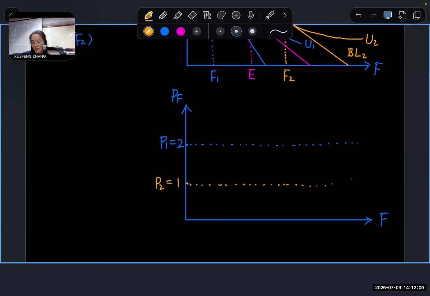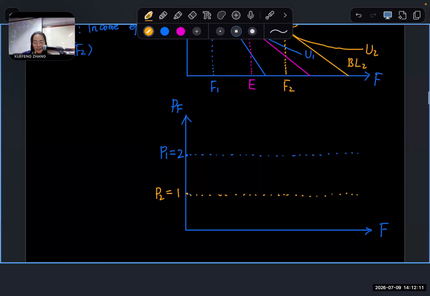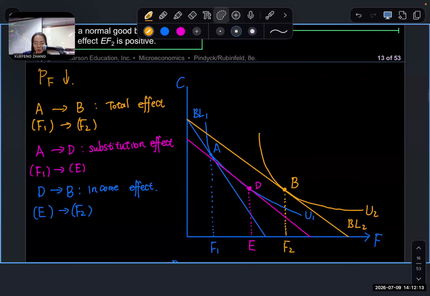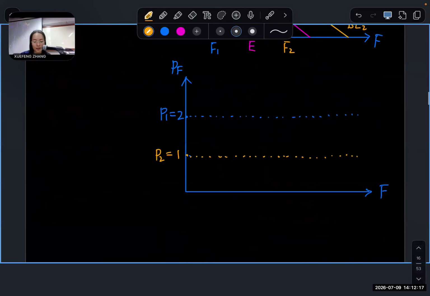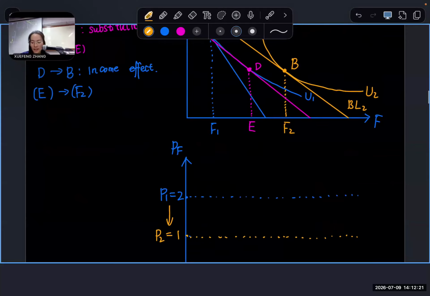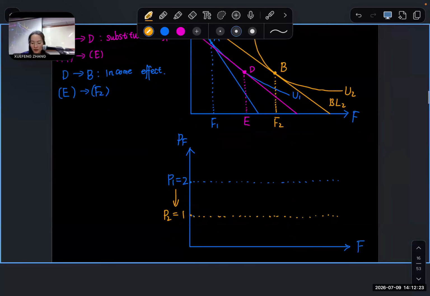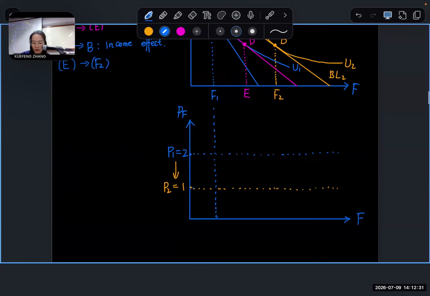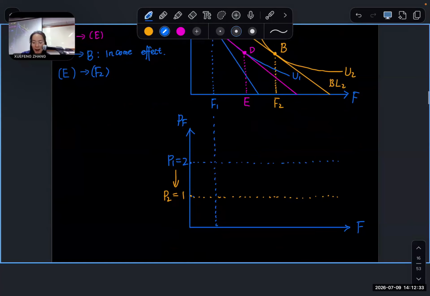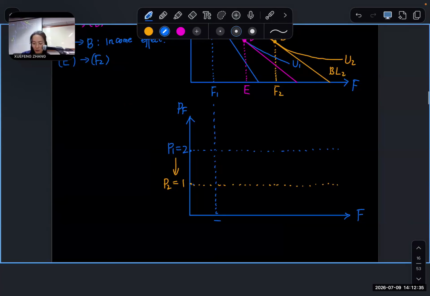And don't forget our prerequisite is that the price of food decreases. That means the price of food drops. Initially, the initial optimal is point A, at which I buy F1 units of food.